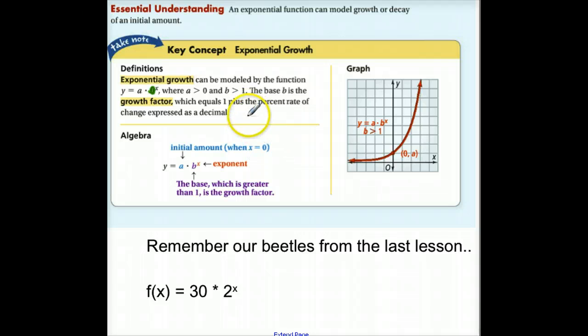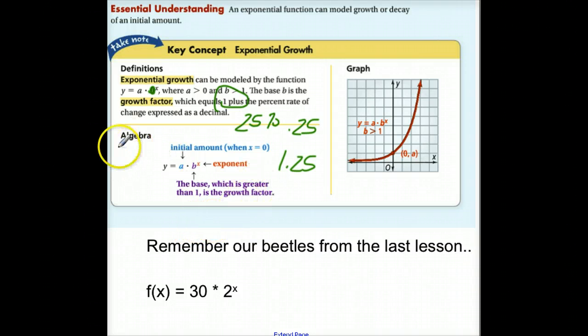If something was growing 25%, we know that decimal is 0.25. Our growth factor would be 1 plus that percent. So 1 plus 0.25 is 1.25. That would be the value of b in an exponential growth function.